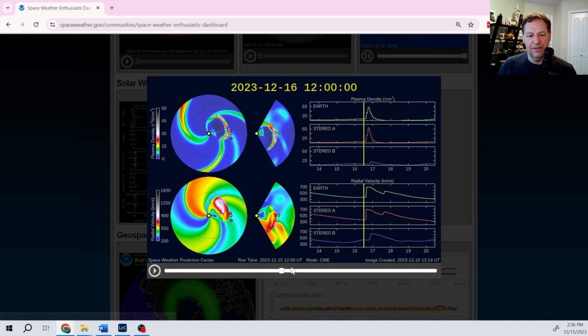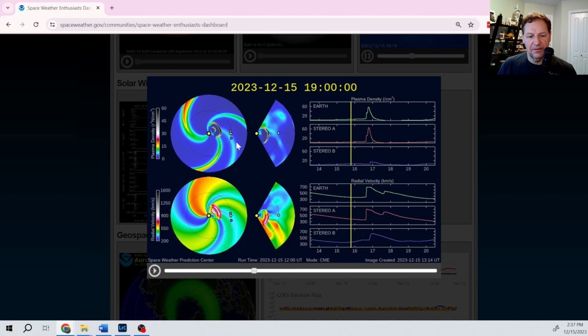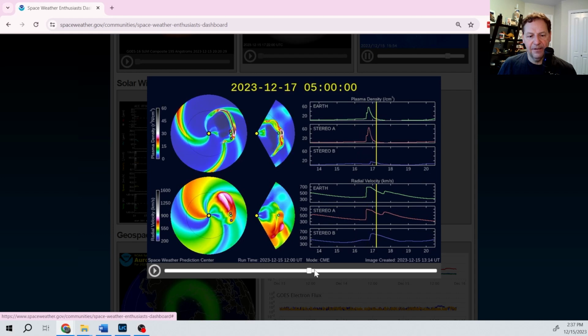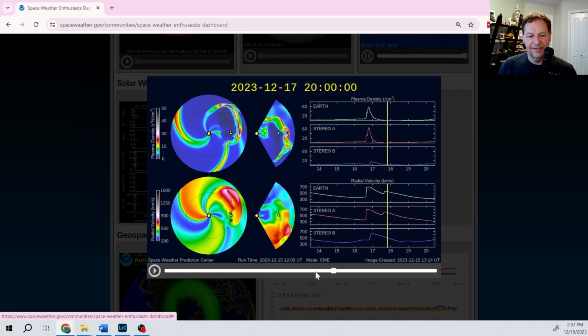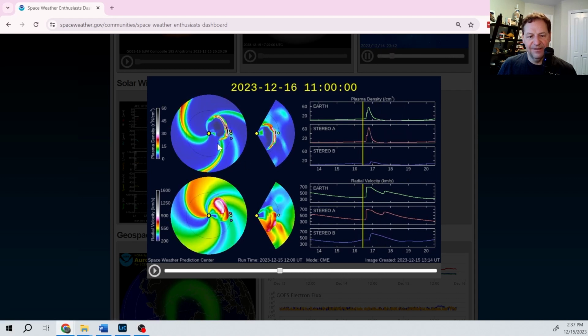You can see it traveling across and starting to somewhat disrupt this arm, and affecting this one. It's a dense material with a magnetic field. It does, it's basically eaten part of this stream as it goes by. There isn't really anything behind this CME.